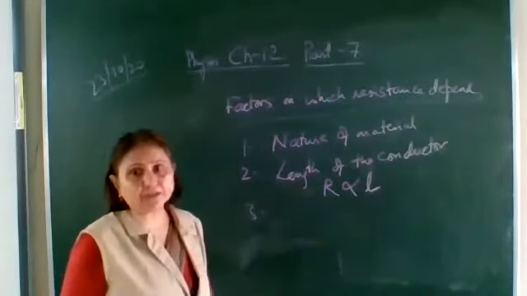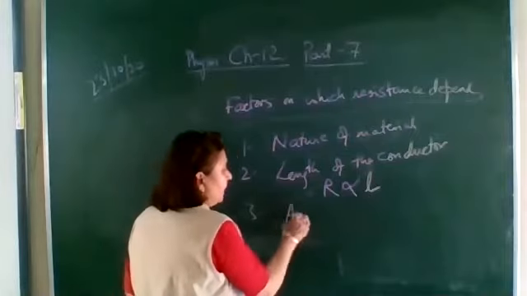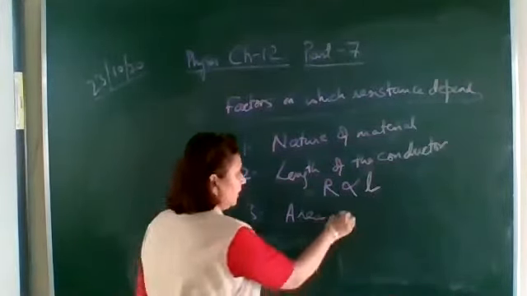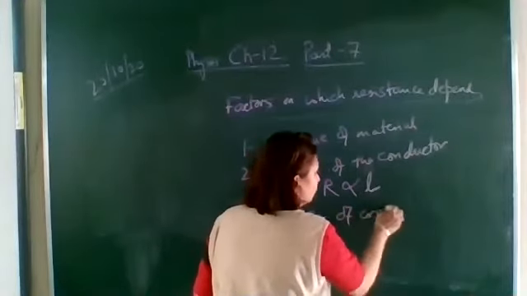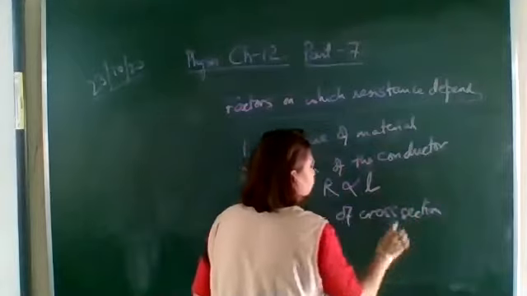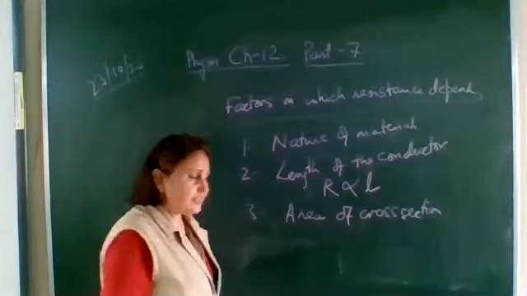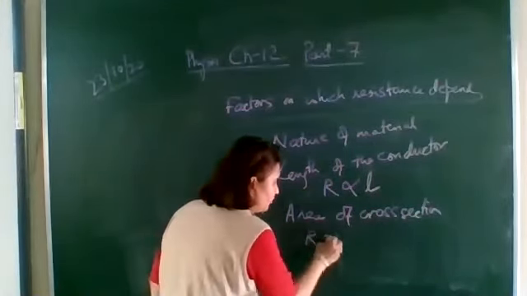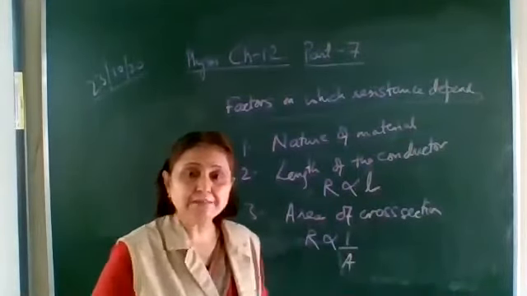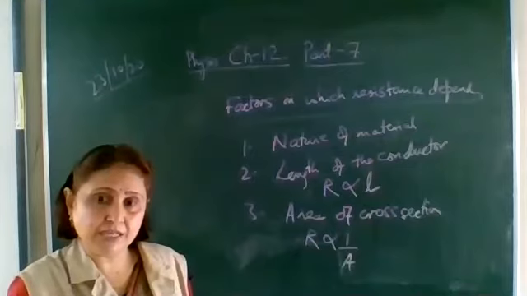The third factor is the area of cross section, that is, the thickness of the wire. How does resistance depend upon the area of cross section? It is inversely proportional to the cross-sectional area.